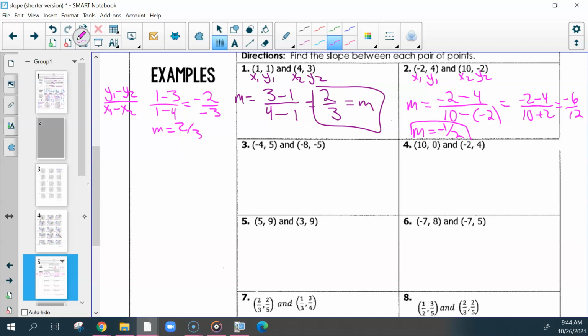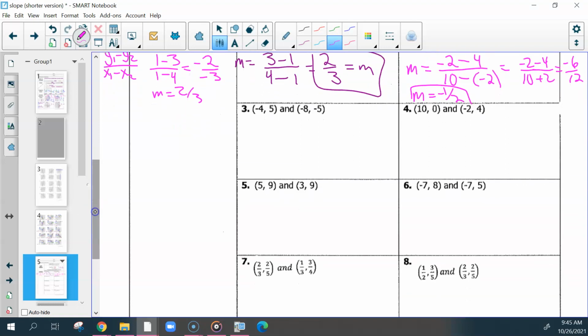I want to see if I can do 3 more examples, but we'll see how much time we have. So we're going to skip 3 and 4, go down to number 5, and do the same thing, label them.